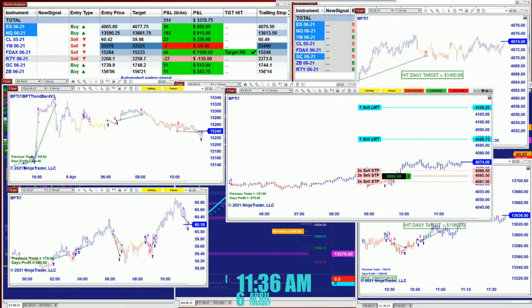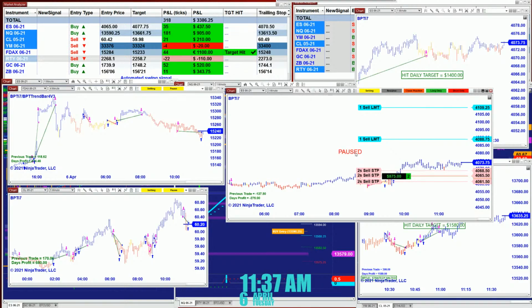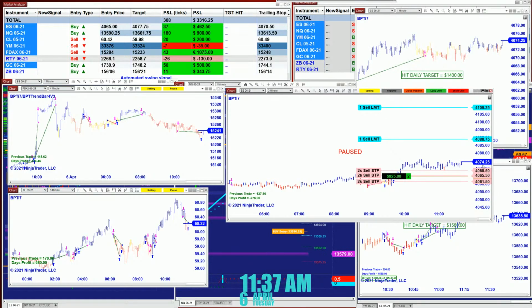But this guy, while he was in a trade, did that. When you do that, it does not mean your broker is going to hold 4073 or 4074 for you till you get back. I don't care if you put it on pause or not, your auto trade still functions.